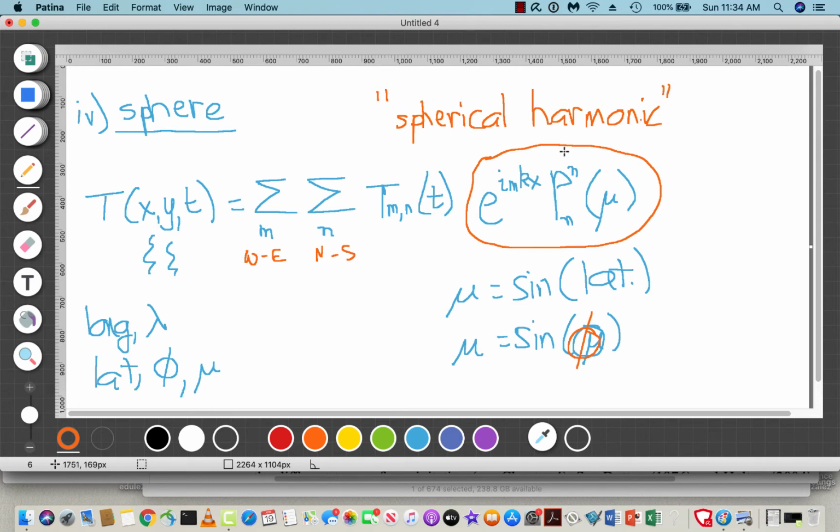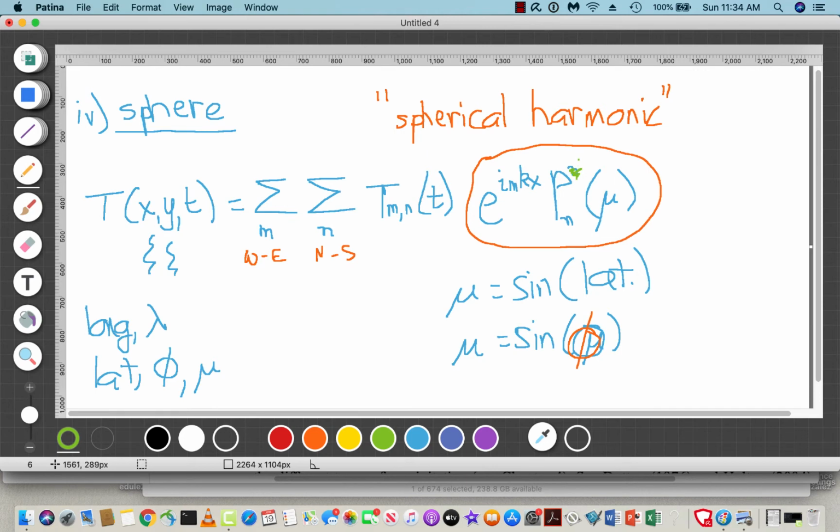And so you'll see people say that we're going to do the expansion in terms of spherical harmonics, where the east-west part of the spherical harmonic is exactly the same as what we've seen before, but the north-south part of the spherical harmonic, by the way, that should be, let's change the color here.